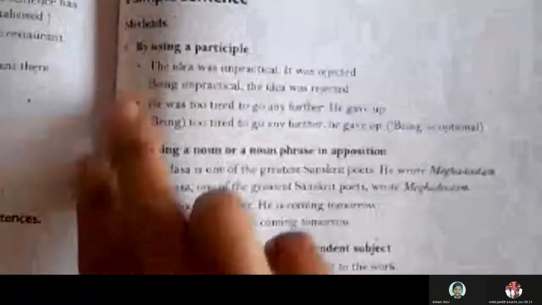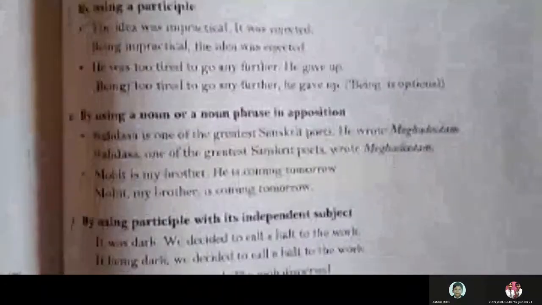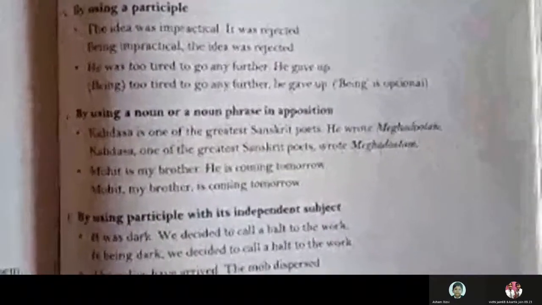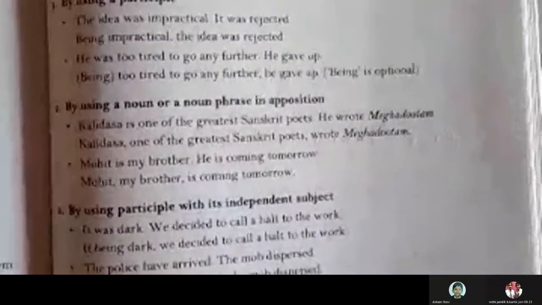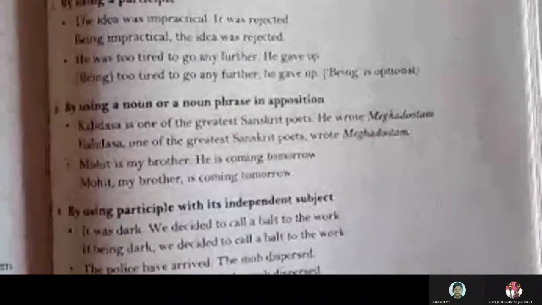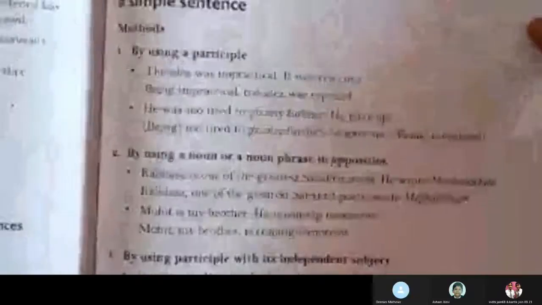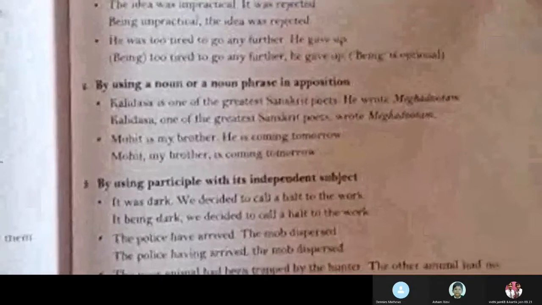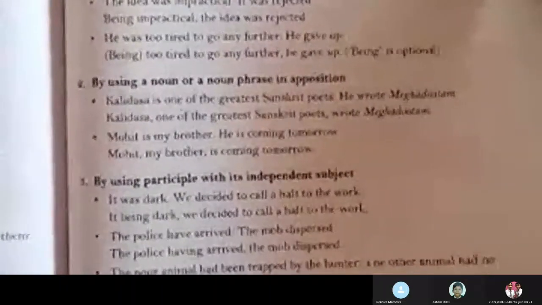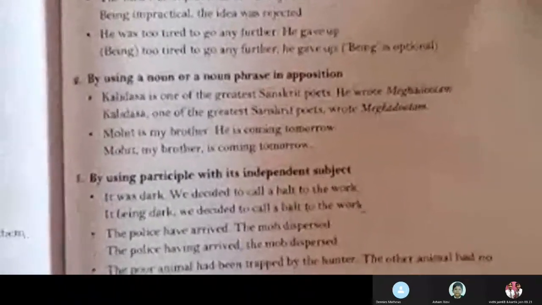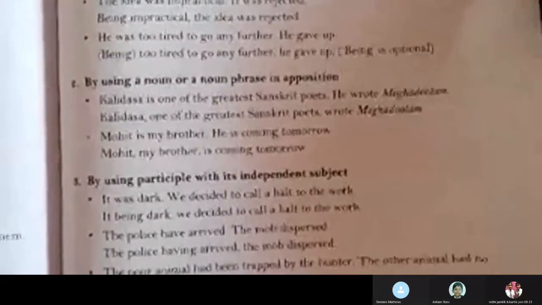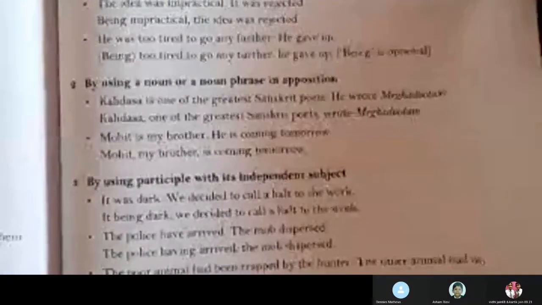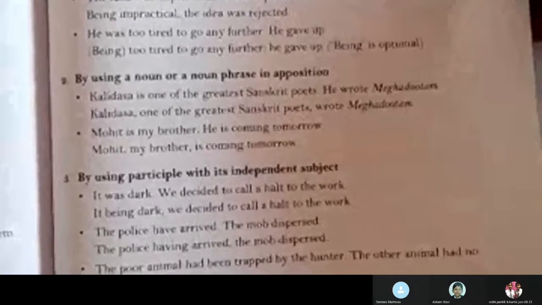The methods you use for joining are, first, by using a participle. The first video which I had sent you deals with the explanation of this. All you need to remember is that a participle means an ing word. Then by using a noun or noun phrase in apposition. That means there will be a noun or a noun phrase helping in joining.